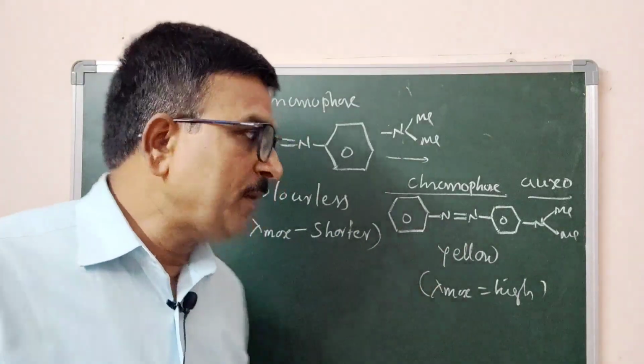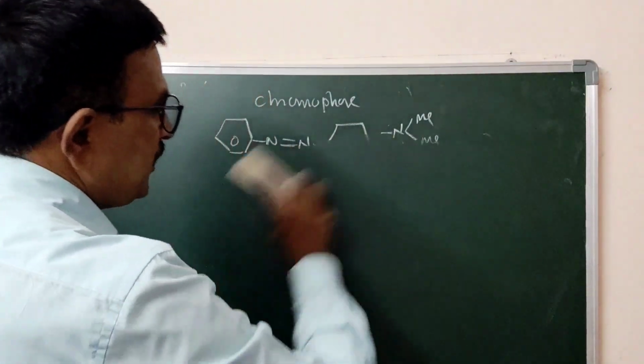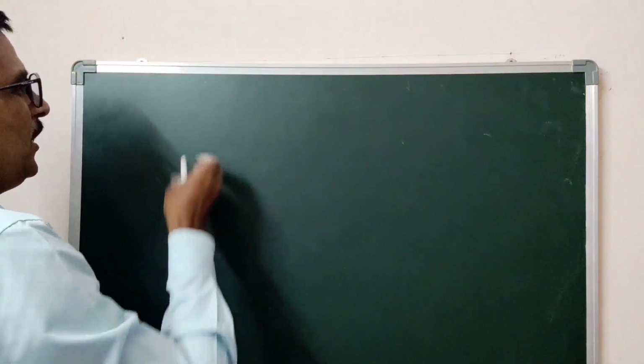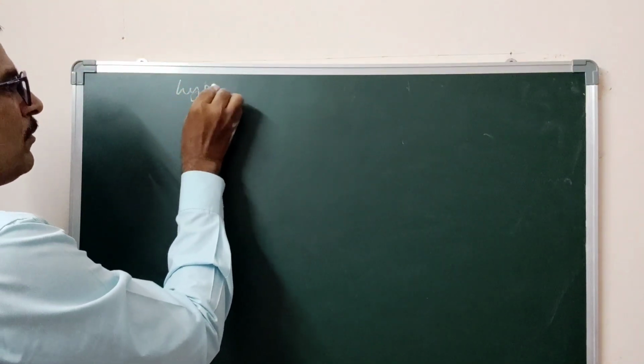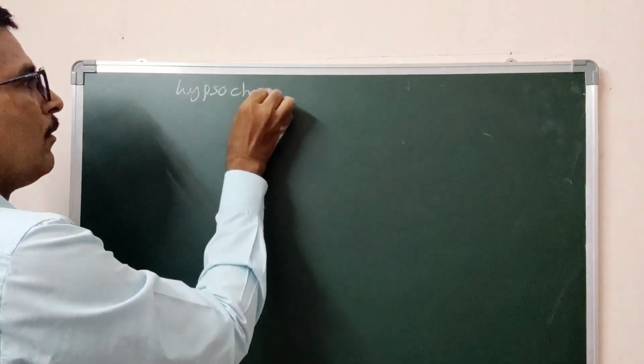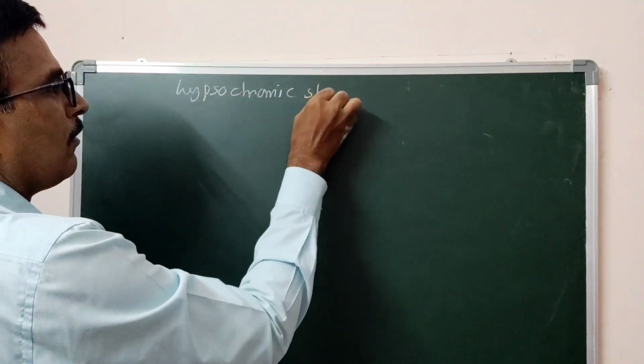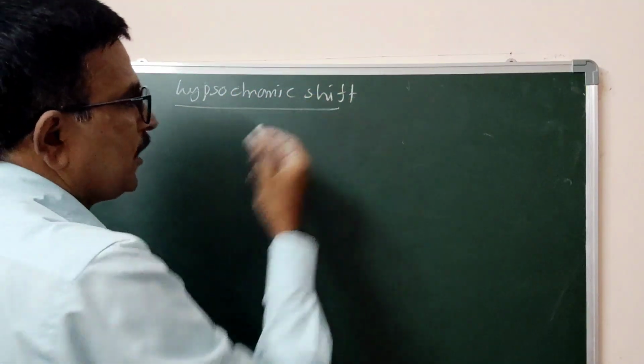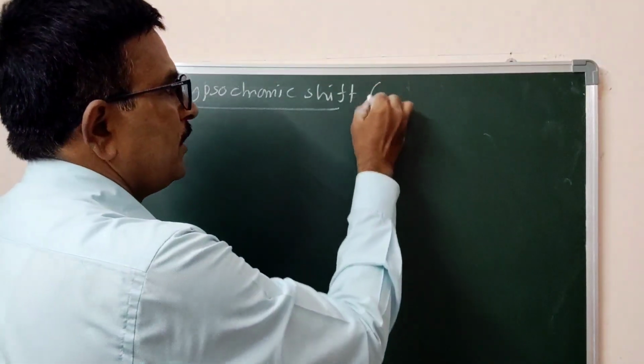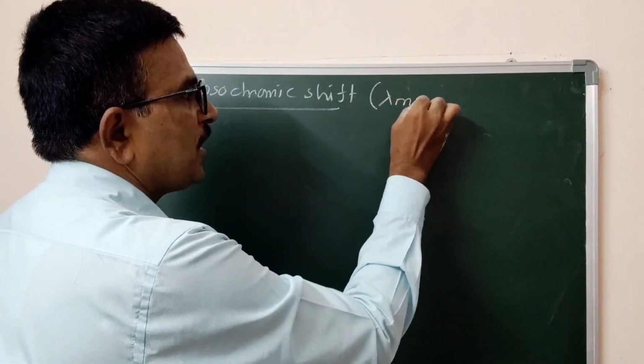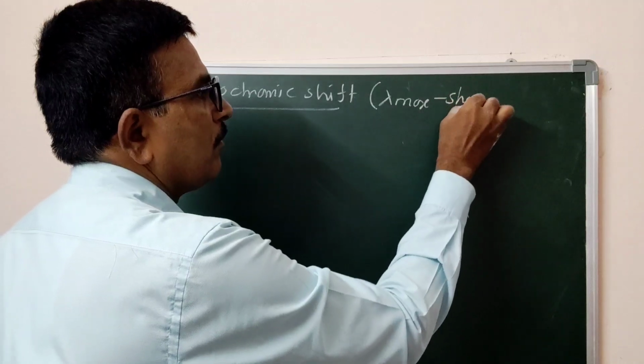Is it clear? Now coming to hypsochromic shift, that is shorter wavelength shift. Hypsochromic shift, that is, the wavelength is shifted towards shorter wavelength.